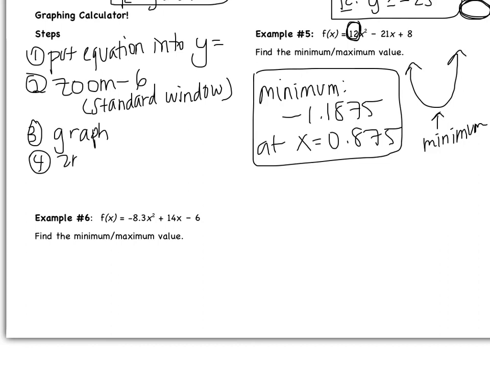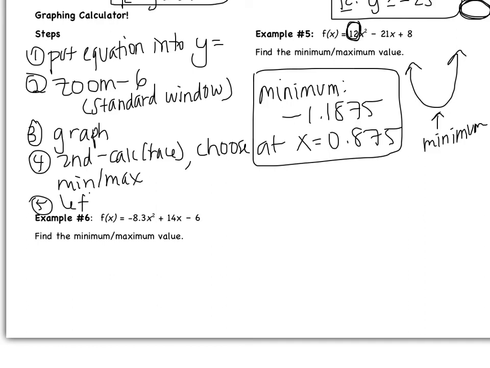And then you're going to hit second calc or second trace and choose minimum or maximum, whichever one you want. You're going to have to go to the left and hit enter, go to the right and hit enter, and then hit enter one more time, and you should have your answer.